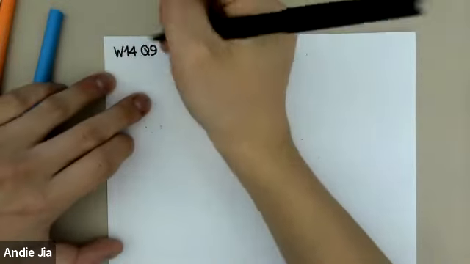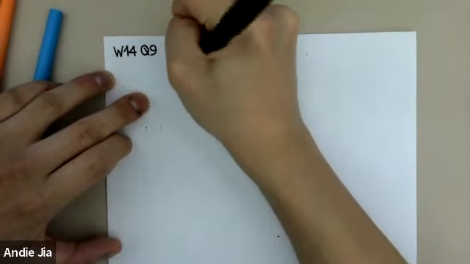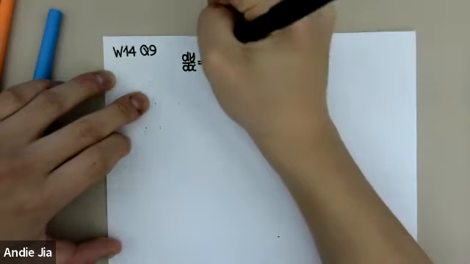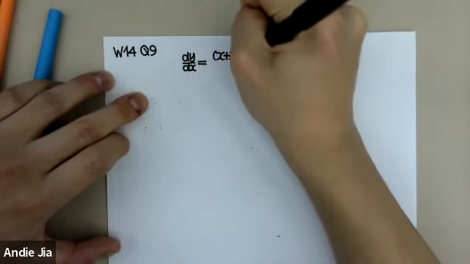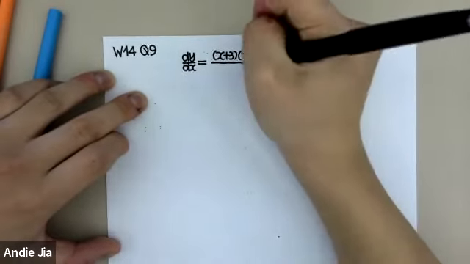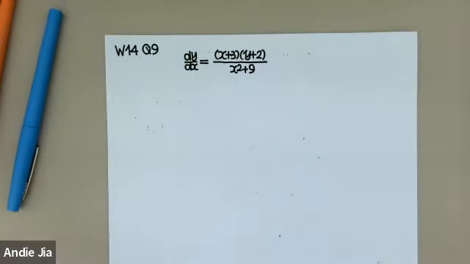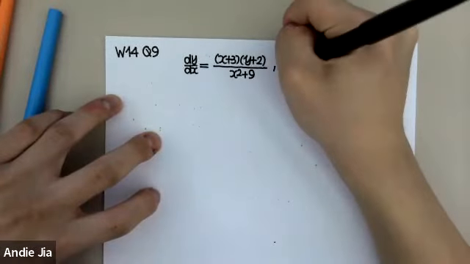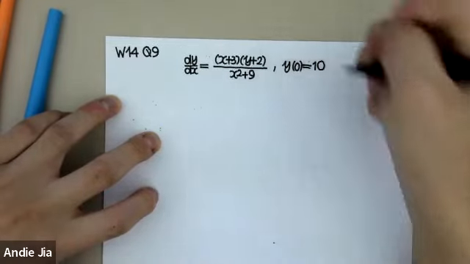So we discuss this. We have dy/dx equals (x plus 3)(y plus 2) over (x squared plus 9), with y(0) equal to 10.